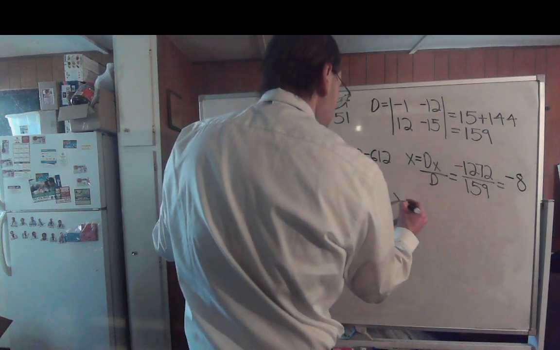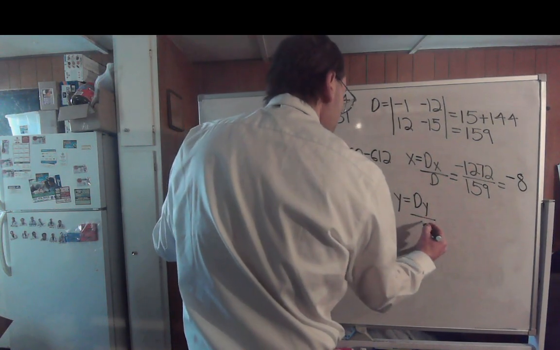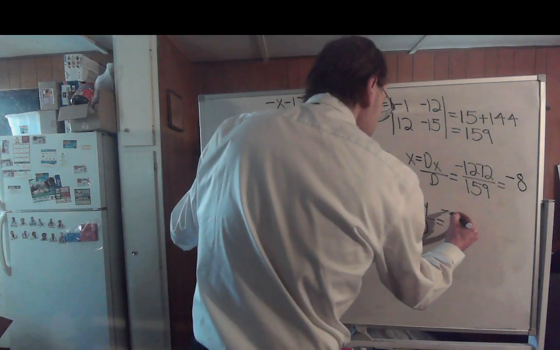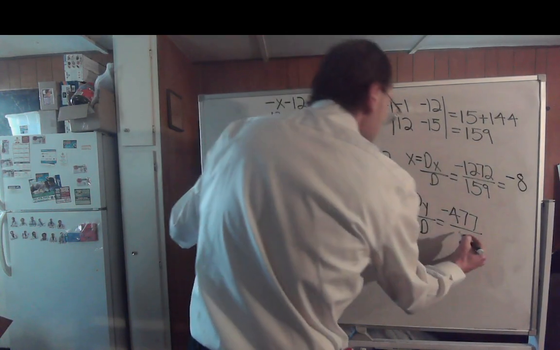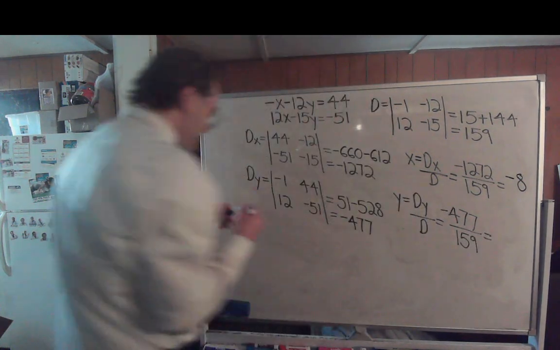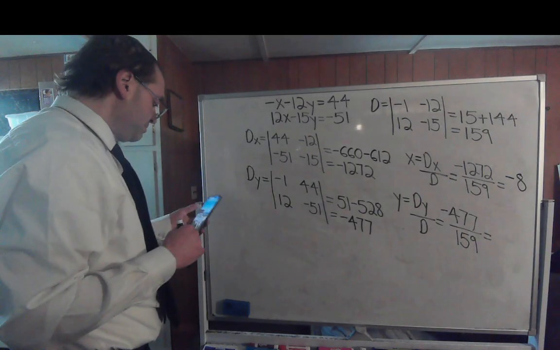So to find y, you'll take that d sub y and divide it by your d. Well, d sub y is negative 477 divided by your d of 159, which I want to say that's going to end up being negative 3, but let me just confirm.